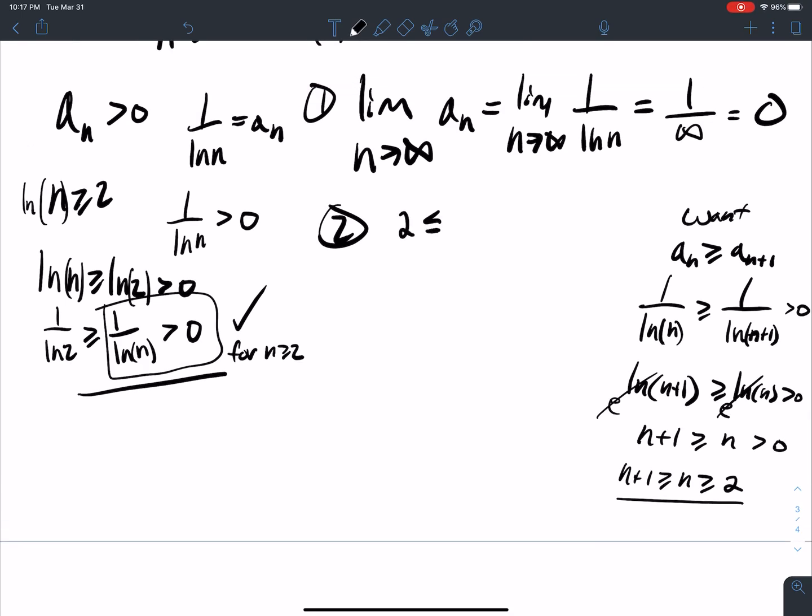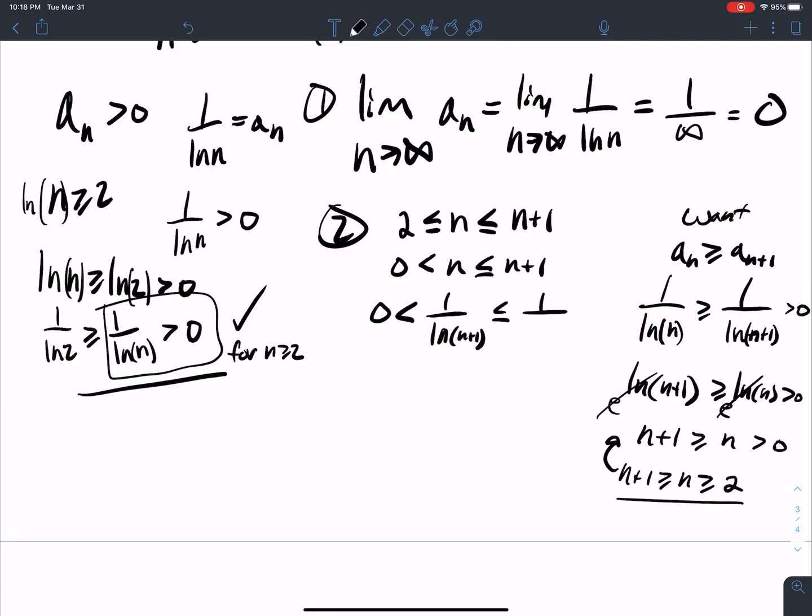So 2 less than or equal to n is less than or equal to n plus 1. And then what's the next line say to do? It says that 0 is less than n and then less than or equal to n plus 1. So what does that mean? That means 0, and then you have the reciprocal, 1 over n plus 1 less than or equal to 1 over n. Okay.